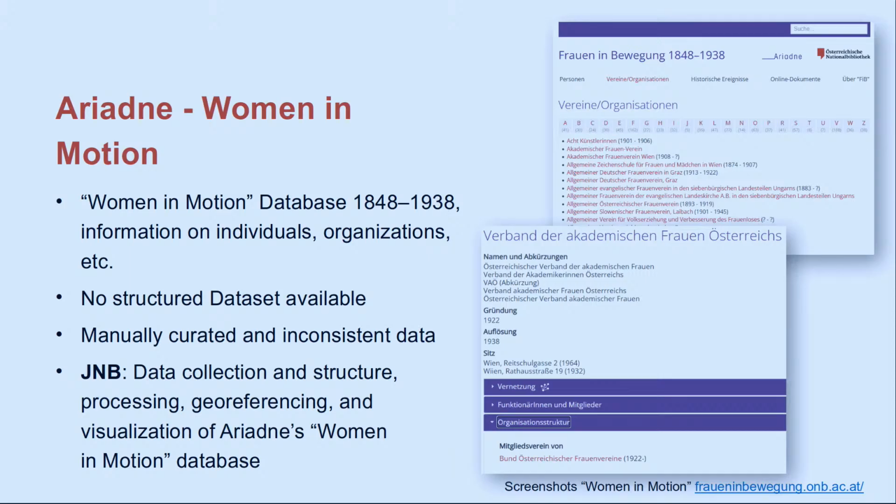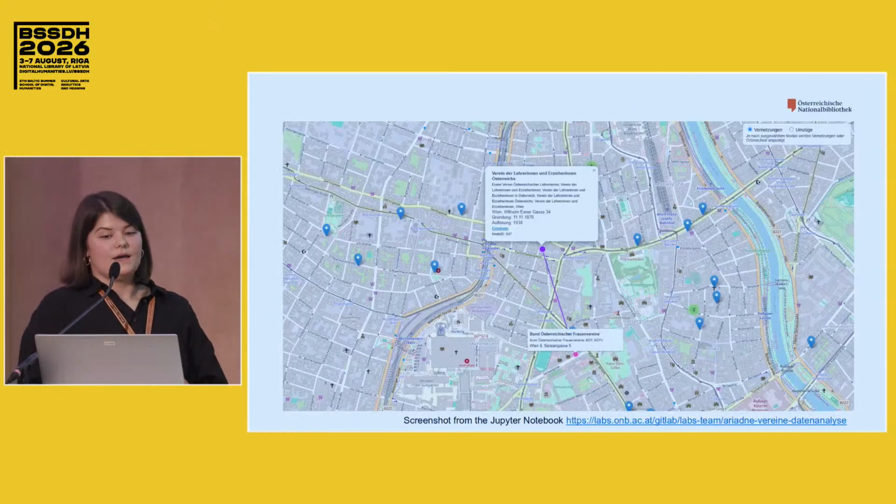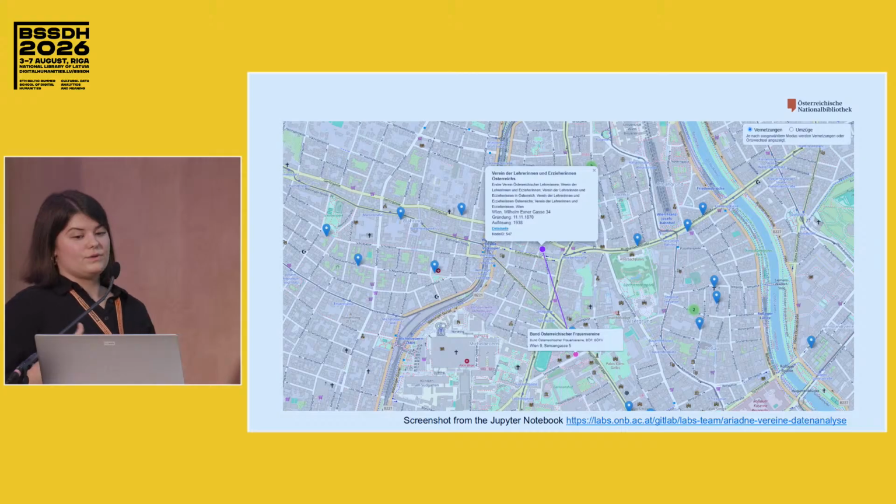That's why we used geo-programming there, because we have addresses here, for example when this club was at which address, but we don't have any latitude or longitude. So we used geo-programming and searched up those addresses to give this data a spatial context.